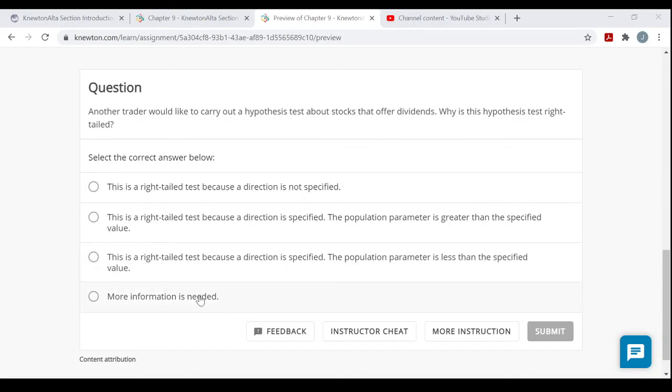I need more information. More information is needed. They didn't say anything about the parameter being greater than a specified value. He just said he wanted to carry out another hypothesis test about stocks that offer dividends. More information is needed to make it a right-tailed test.